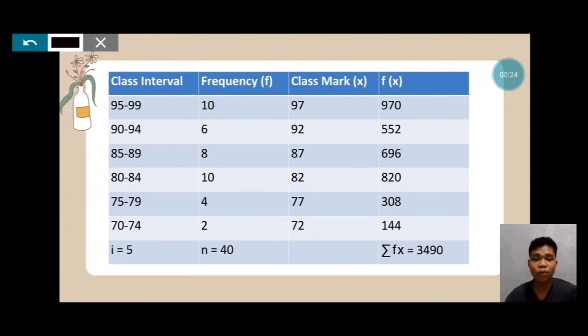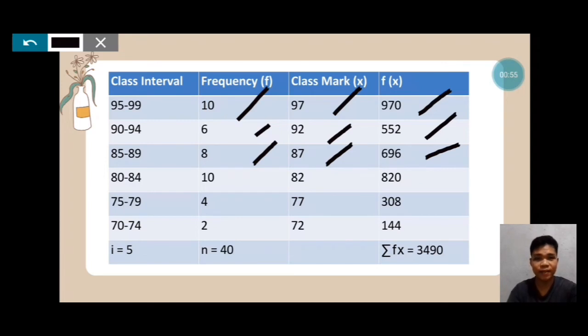And lastly, to compute the data for the last column, we need to multiply the frequency and class mark. Thus, 10 times 97 is equals to 970. 6 times 92 is equals to 552. 8 times 87 is equals to 696.